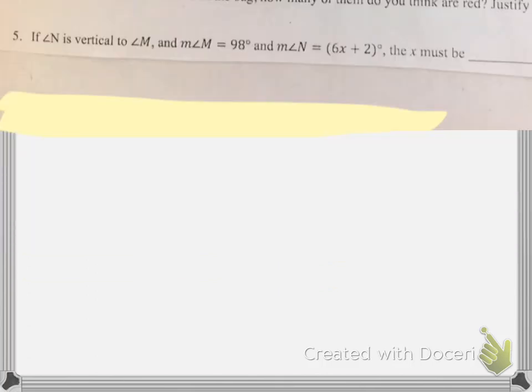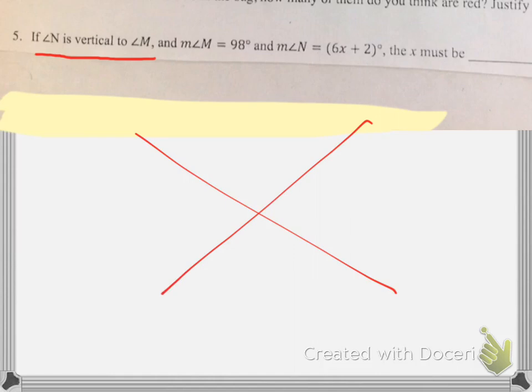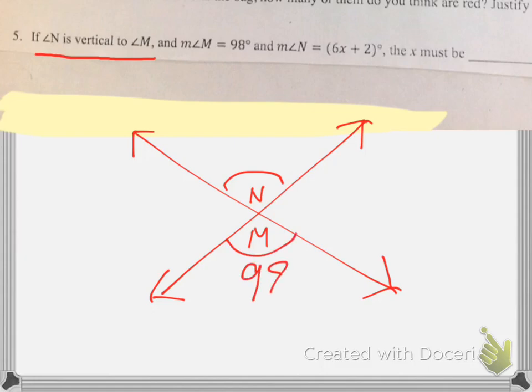Alright, so if angle N is vertical to angle M, we'll just call this N and M. So if 2 lines cross, they make vertical angles. So these are equal angles. And if we tell you that this is 98, that means angle N has to be 98, but of course they give it to you as 6x plus 2.